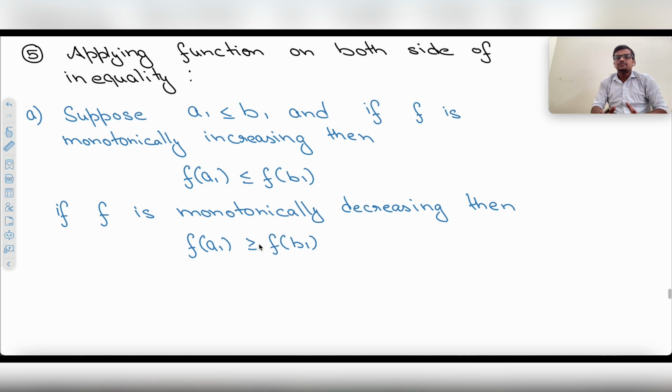So in the case of monotonically decreasing, the inequality will change, right? Now see, instead of a1 less than equal to b1, if we have a1 less than b1, then also after applying the function it will be less than equal to in the case of monotonically increasing and greater than equal to in the case of monotonically decreasing. So hope you understood this point.